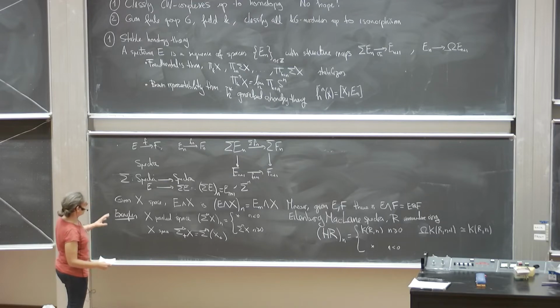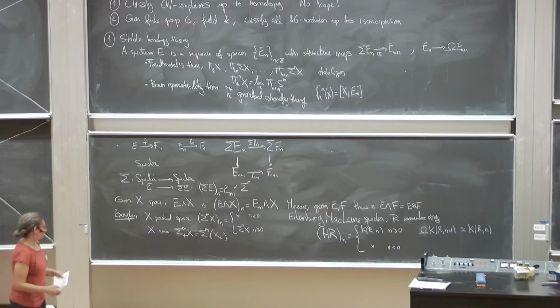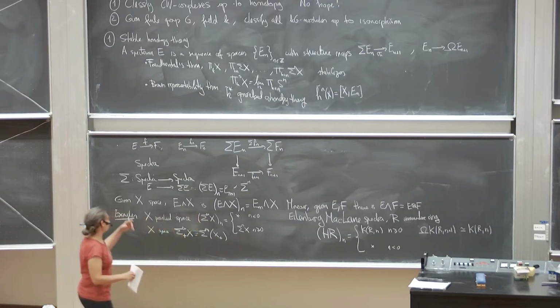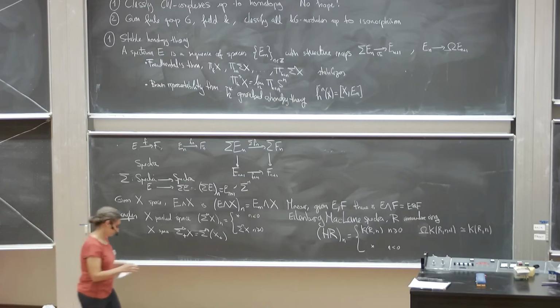The question now is, we want to use this extra structure instead of looking at objects individually and trying to classify single objects up to some notion of equivalence, up to isomorphism, for example. What we will do is use this extra structure to try to classify certain types of subcategories inside the category of spectra, right?